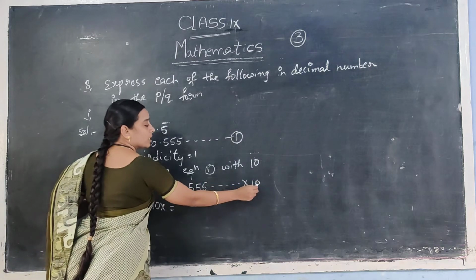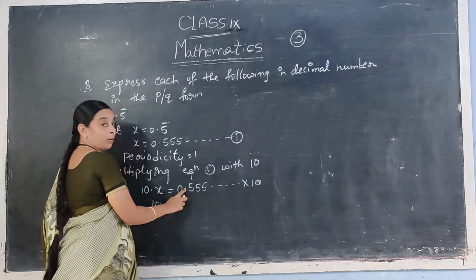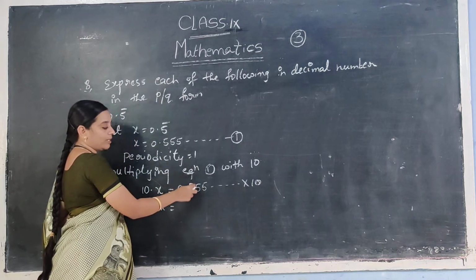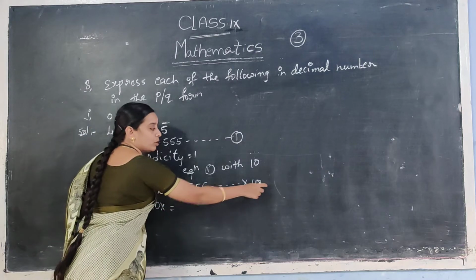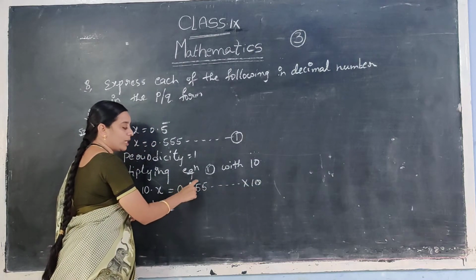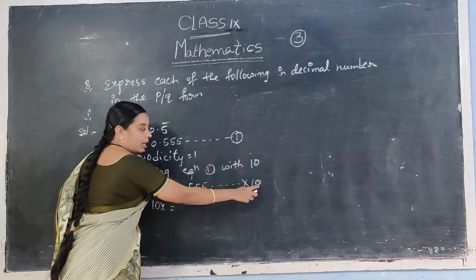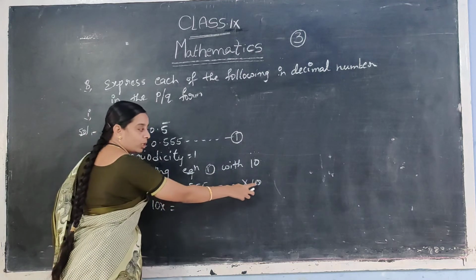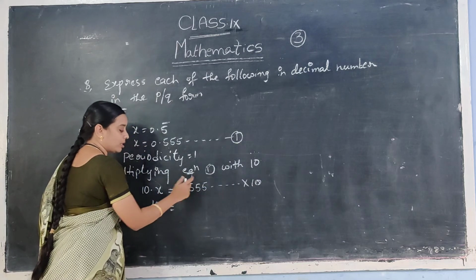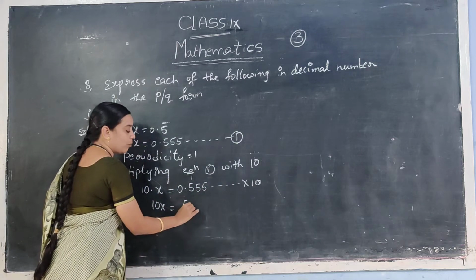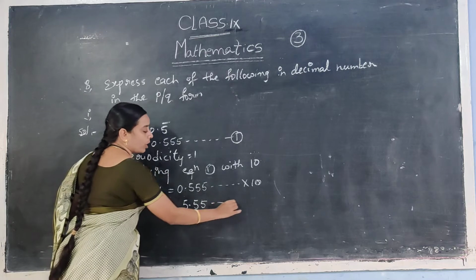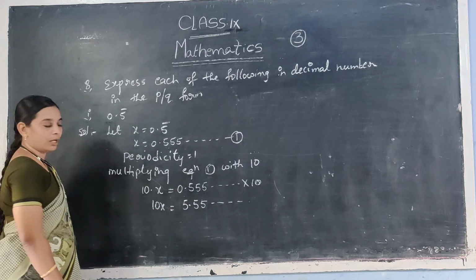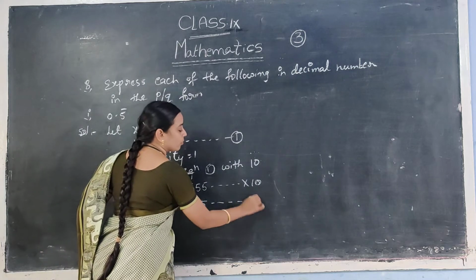Here 1 zero is there, so the decimal part moves 1 digit to the right side. With 2 zeros, the decimal part moves 2 digits to the right. According to the zeros, the decimal part moves to the right. Here only 1 zero, so 1 digit moves. So that means 5.55 and so on. Here 0 means no value now, so I can negate that. Now this is condition 2.